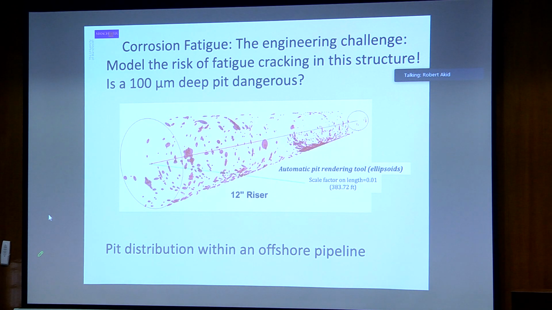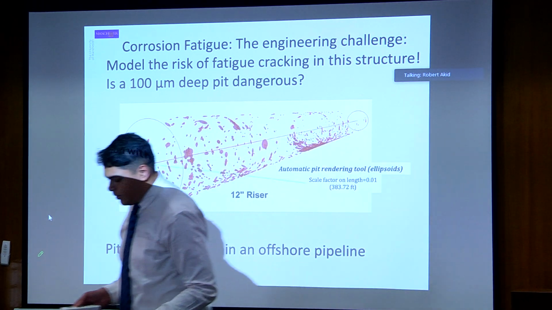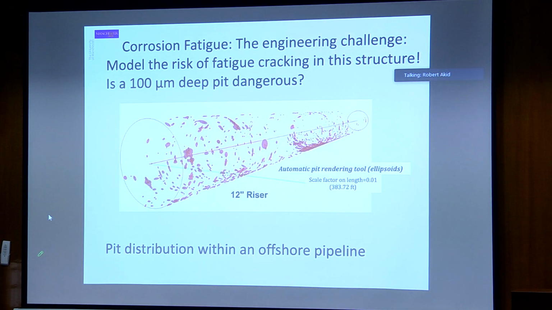This is a rendered example of a 12-inch riser pipe, which is showing pitting throughout the section. And interestingly, you'll see that there are pits of different sizes and pits that coalesce or are separate.